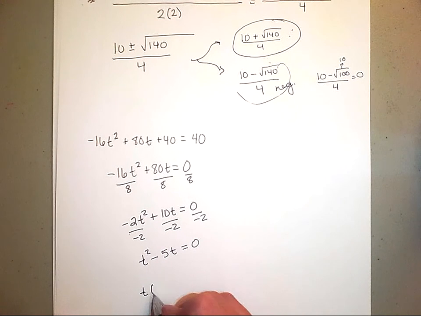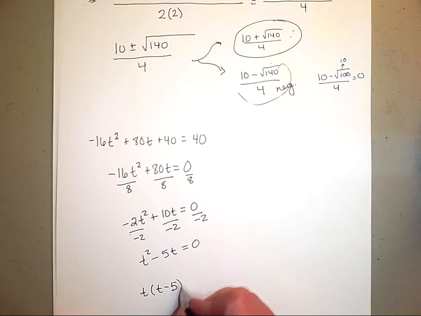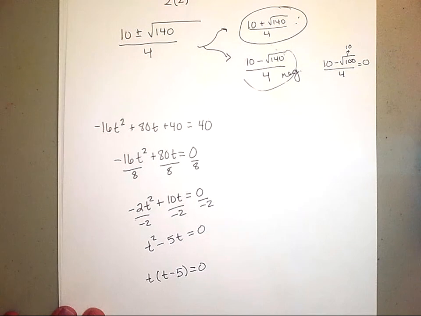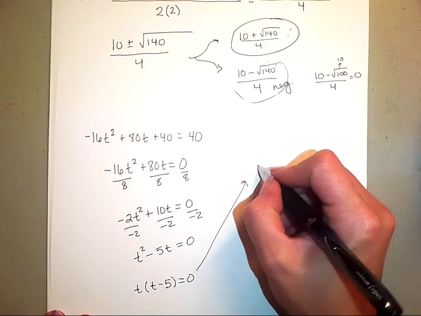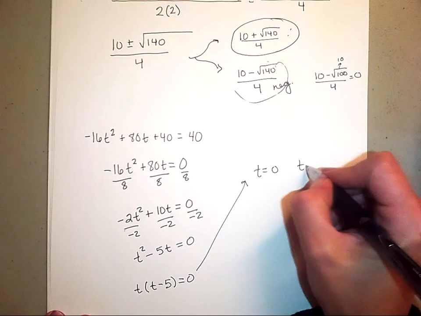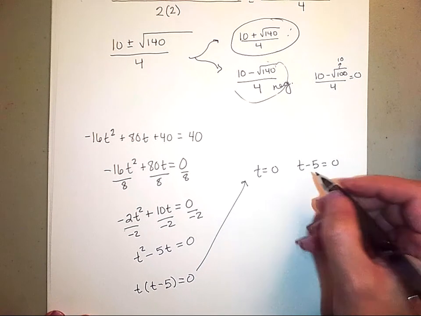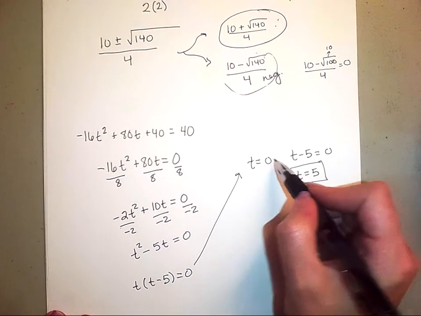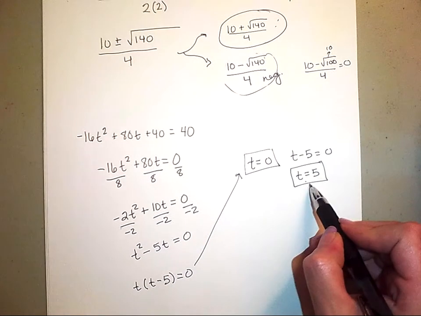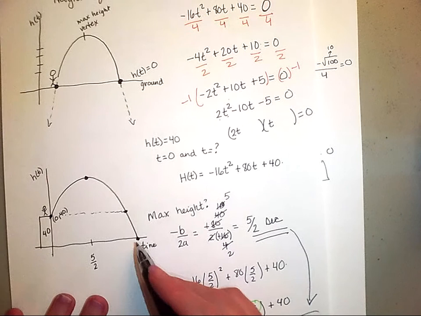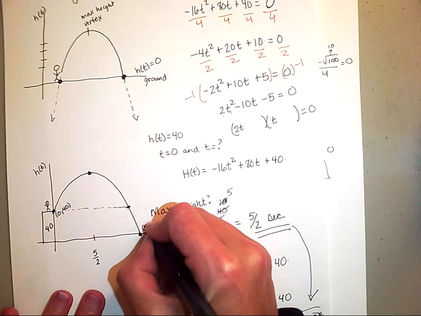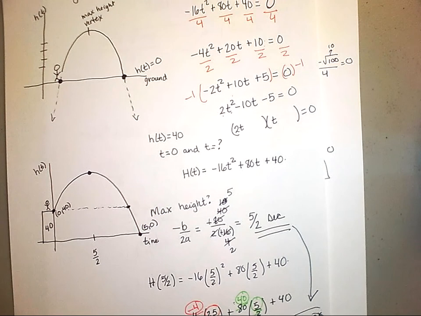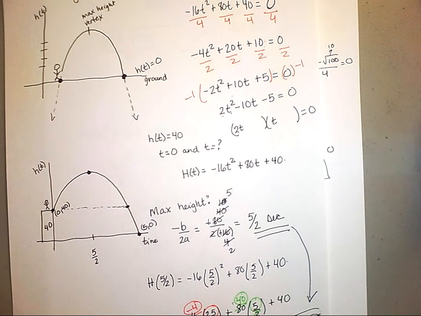And now we can solve this. We can factor out a t. So we have t times t minus 5 equals 0. And then using the zero product property, it's either that t equals 0 or t minus 5 equals 0. So t is equal to 5. We knew this one from the beginning. So the second one, here, at 5 seconds, the ball reaches the ground.